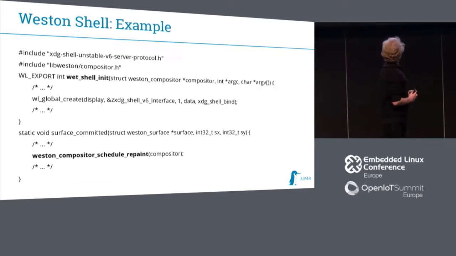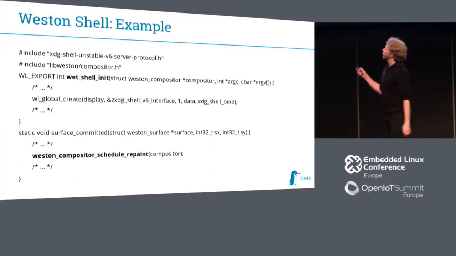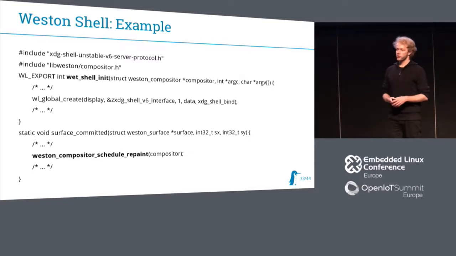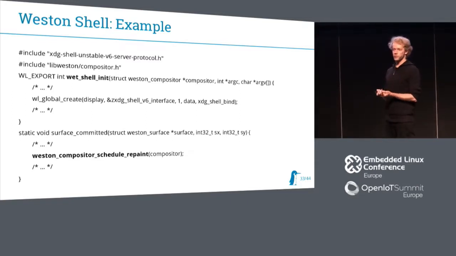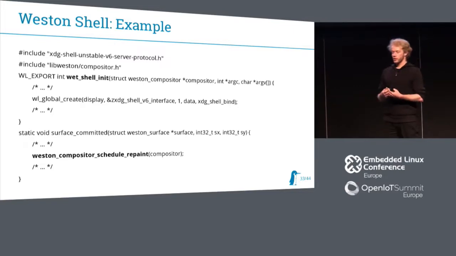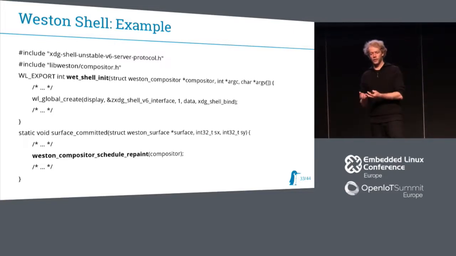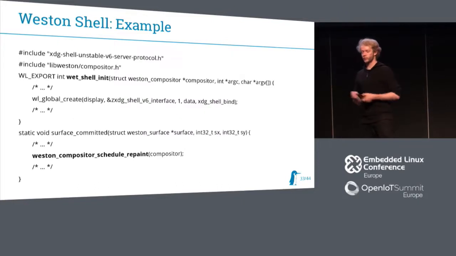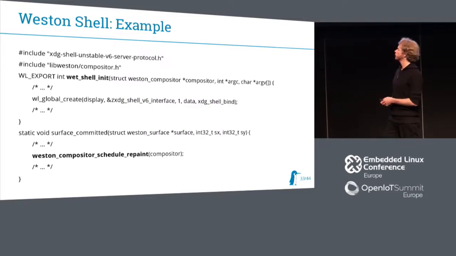So again, a bit of code. The entry function to your object needs to be called wet_shell_init. So if you have this function, this will be the first function that is called by Weston when it loads the shell. And at one point, you call weston_compositor_schedule_repaint, then it will repaint the current state of the final frame for output.